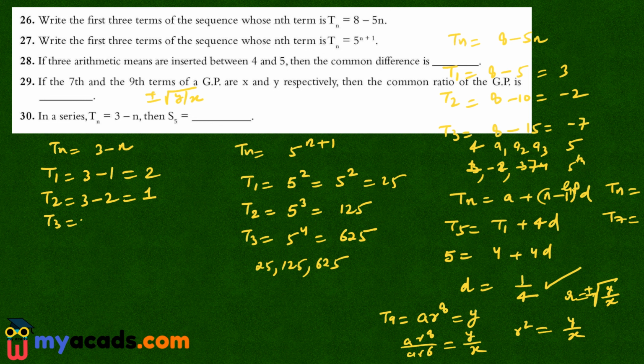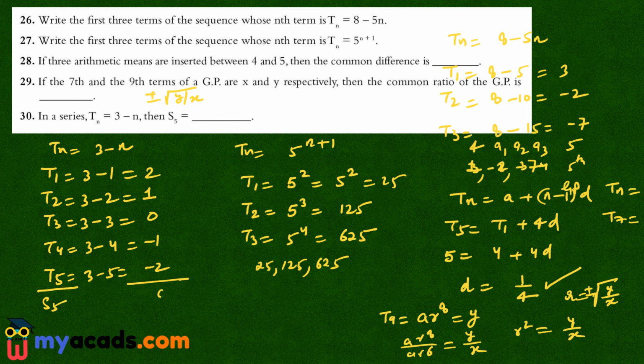And T3 is 3 minus 3, that is 0. T4 is 3 minus 4, that is minus 1. And T5 is 3 minus 5, that is minus 2. So when I add all these terms, I will get S5, and here I will get 0. So the answer is 0.